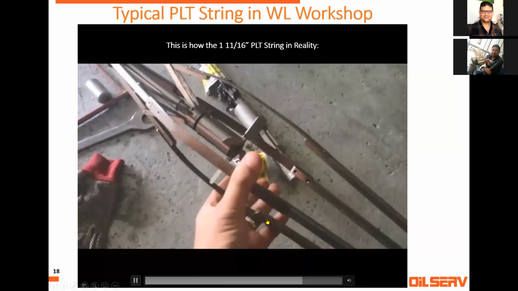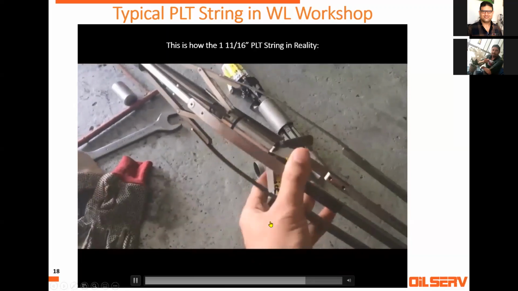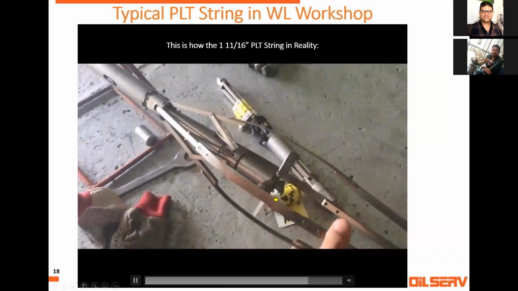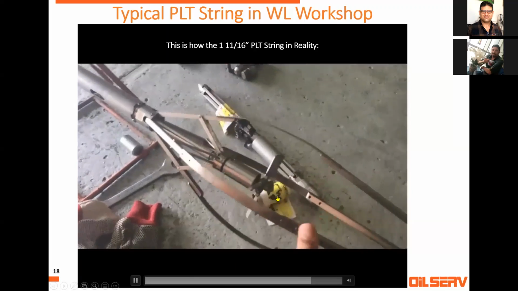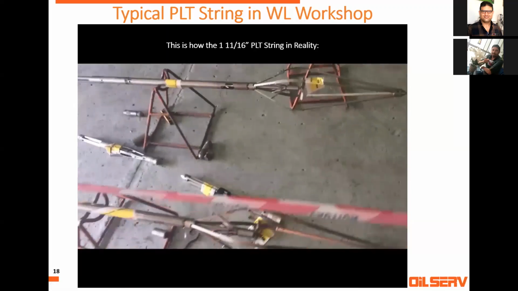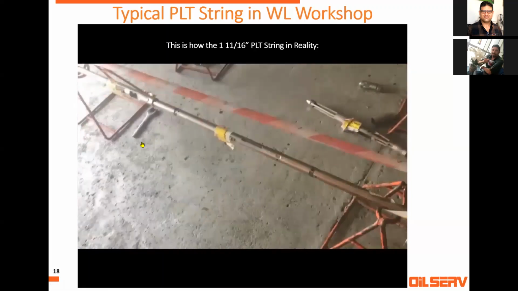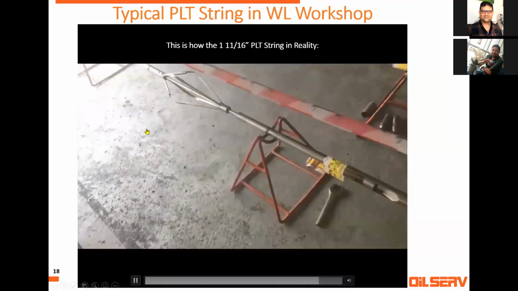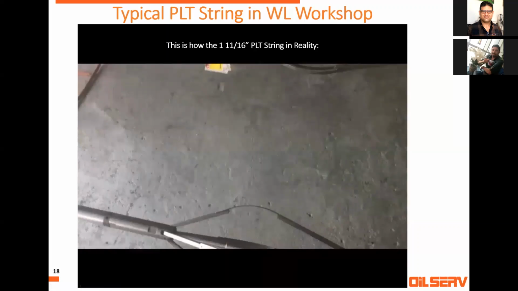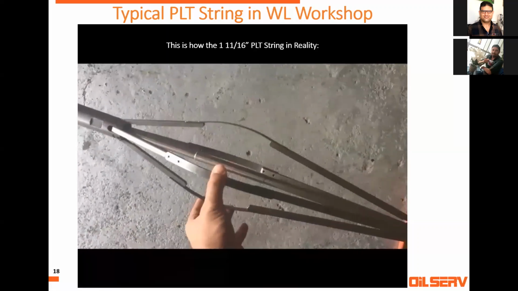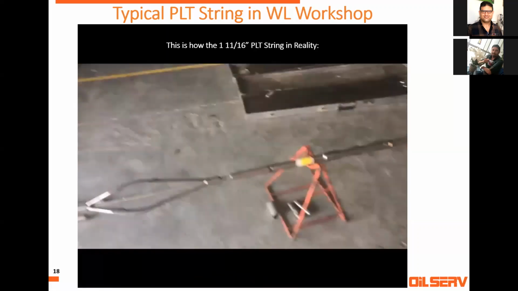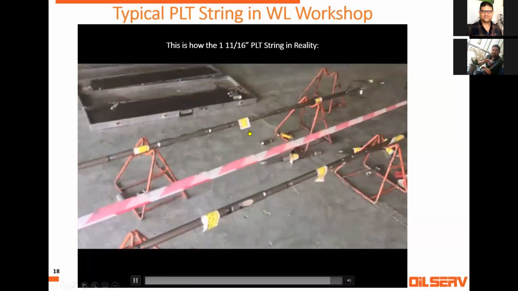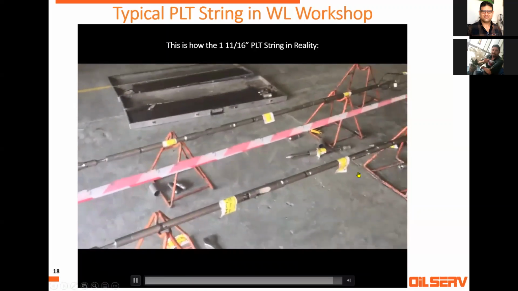It can be collapsed. This is what we call collapse. When it enters the wellbore, it collapses, meaning it closes. And when it enters the casing again, it will open, not electronically but mechanically. When you push it in the tubing, it will collapse automatically.